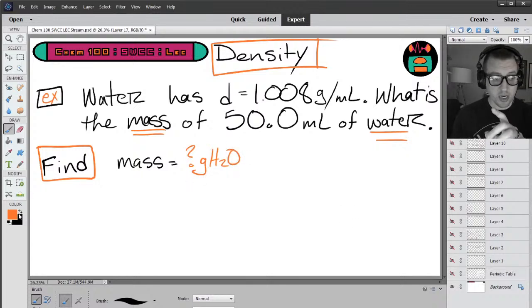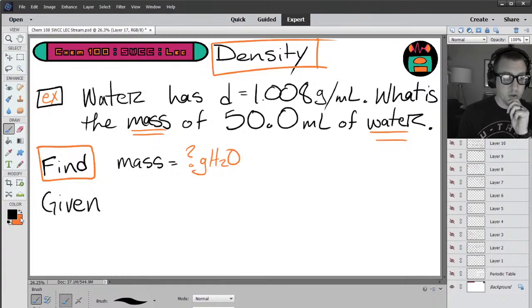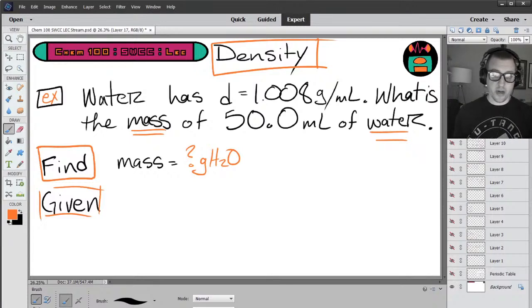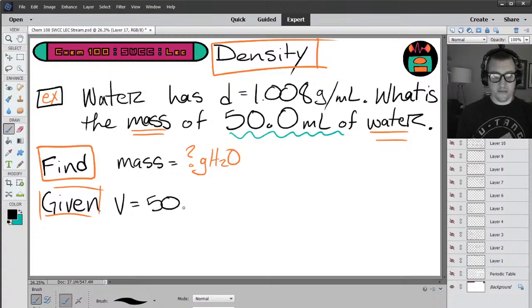Once you've identified what you're trying to find, next you want to identify what you are given in this problem. Every problem gives you different things. One thing that jumps out at me, you'll notice that we're given a volume, right? We're told that the volume of water that we have here is 50.0 milliliters, right?